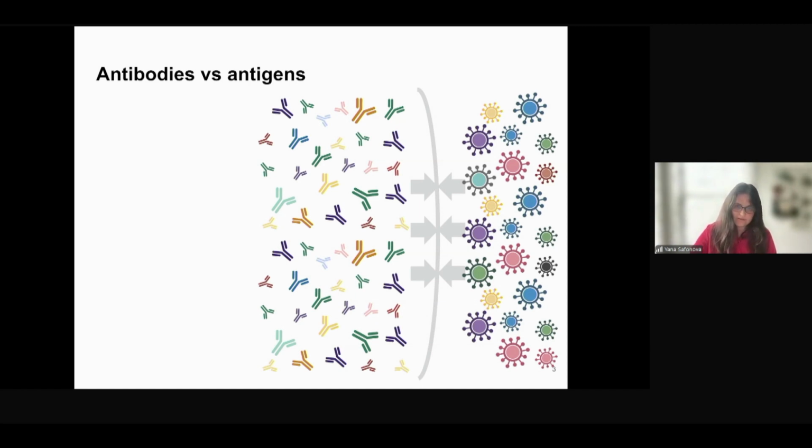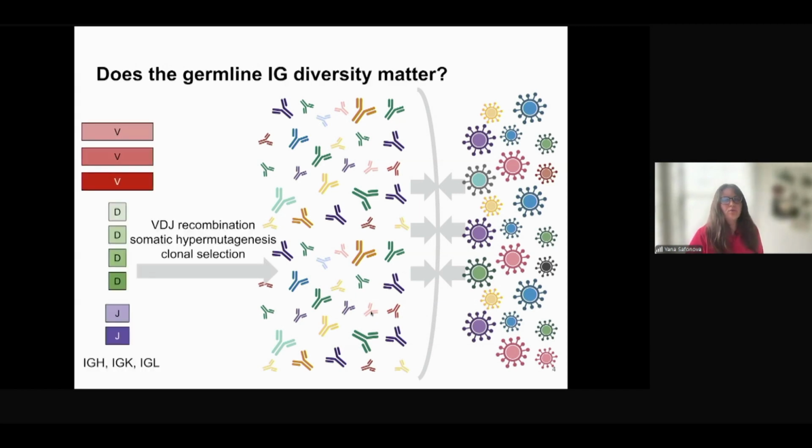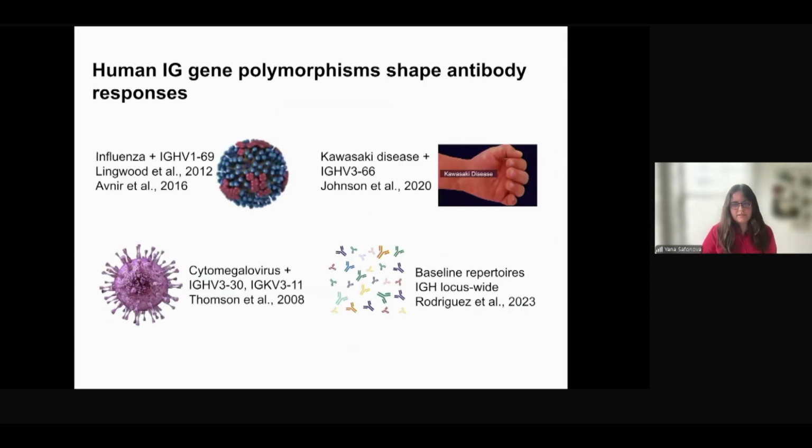And here we can ask a question: what role does germline immunoglobulin diversity play in this process? Because we have so many somatic processes that can basically generate a lot of different sequences, does it mean that the germline diversity matters? And if yes, what is the role that it plays? So, of course, modern studies, especially ones that are focused on human immunoglobulin loci and Ig genes, tell us that germline polymorphisms are extremely important.